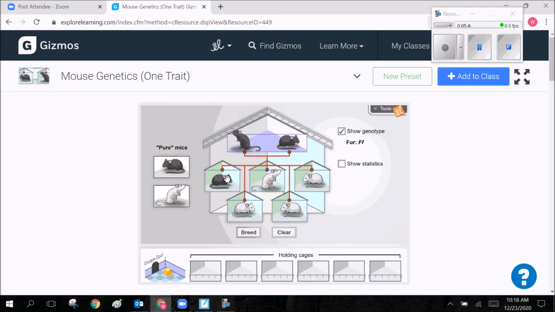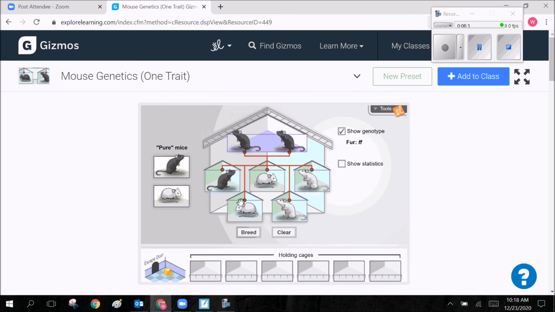It's probability. Each time these mice have a new kid, it resets the probability. It's not like if you have a white mouse, then you're more likely to have a white mouse the next time. These alleles are inherited randomly, 50% from mom, 50% from dad. You've got a 50-50 shot as to which one will pass on the big F or the small f.